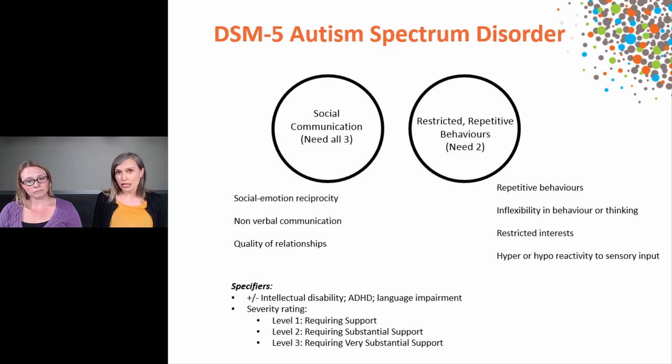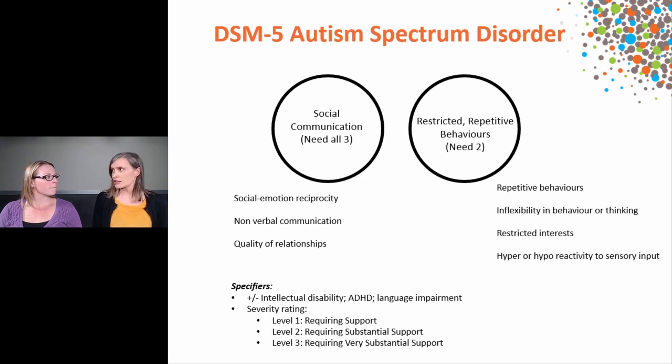It looks at social communication and interaction, and at restricted and repetitive behaviours. And these two areas of difficulties need to have been present in the developmental period, so throughout childhood, and also be current difficulties. Now, the nature of these difficulties can change, obviously, throughout childhood to adolescence and adulthood.